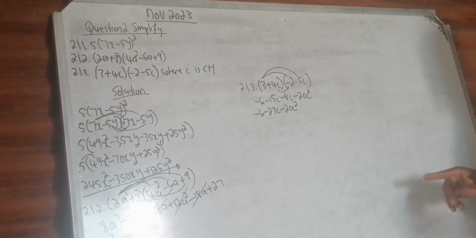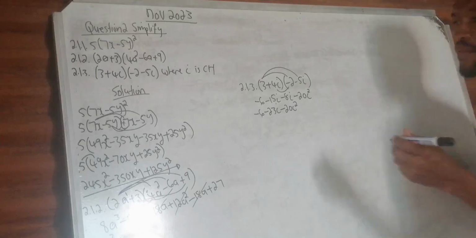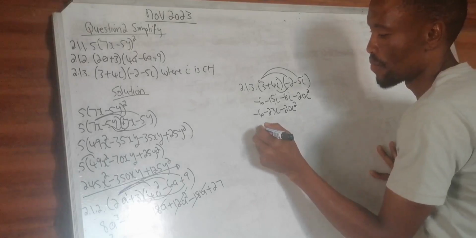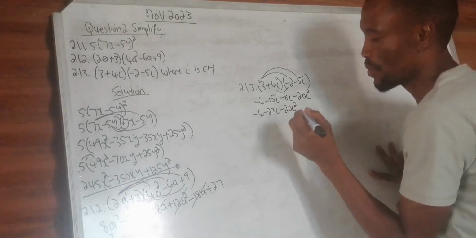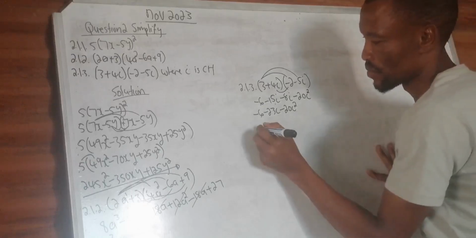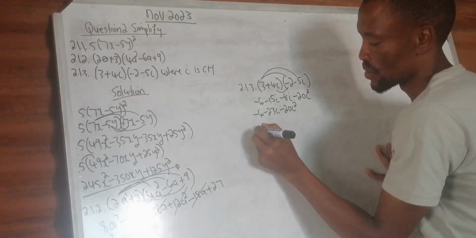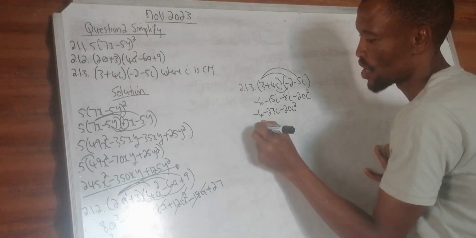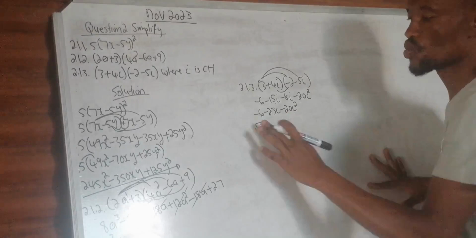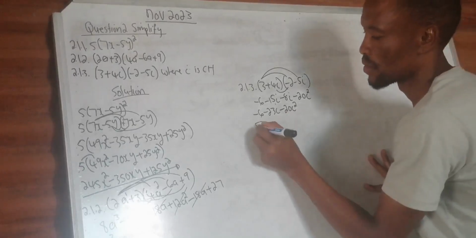There is one thing when I'm dealing with a complex number. What I'm looking at is that i is the square root of negative 1.